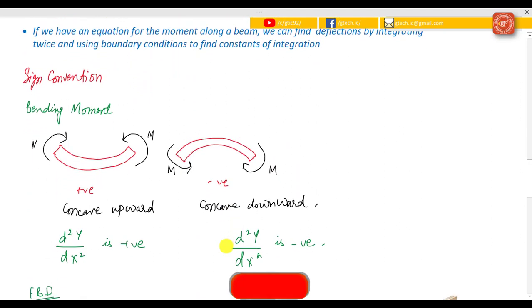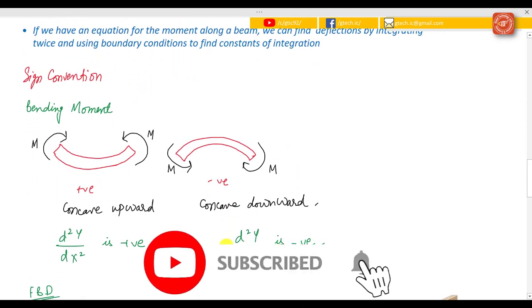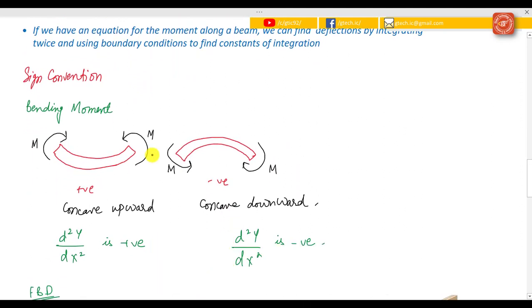And the sign convention which we are going to use for the bending moment: we take it as positive when concave upward, meaning when the beam is like this, like a smiley face, we can say it is concave upward, then we call it a positive sign here.